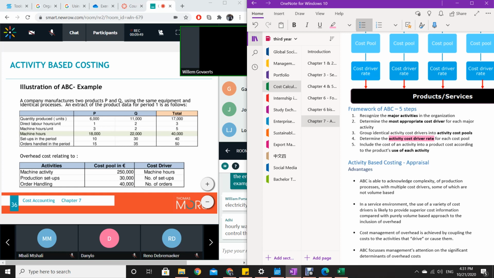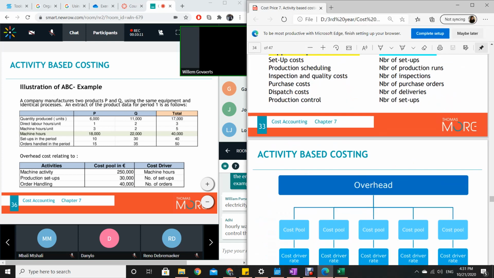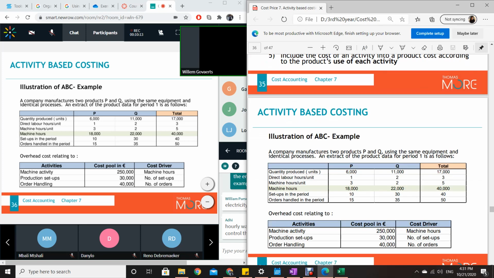So this means, and this you should calculate yourself, the total machine hours are 3 times 6,000 plus 2 times 11,000. When we say more, the setups, so the changes to be done in the period, the period can be a day, a month, whatever, is 10 setups you've got to do.